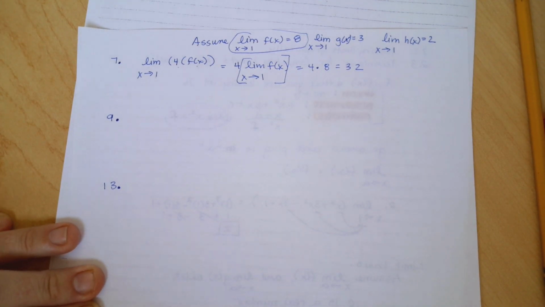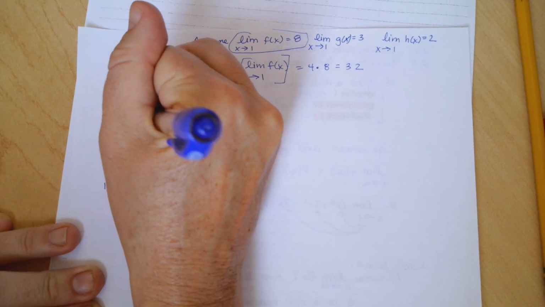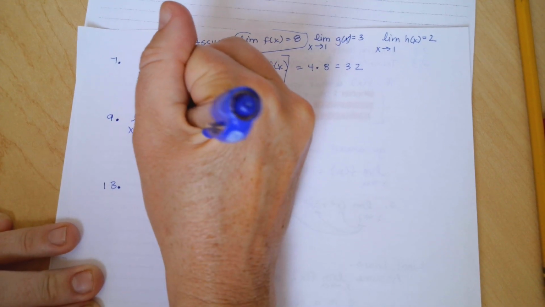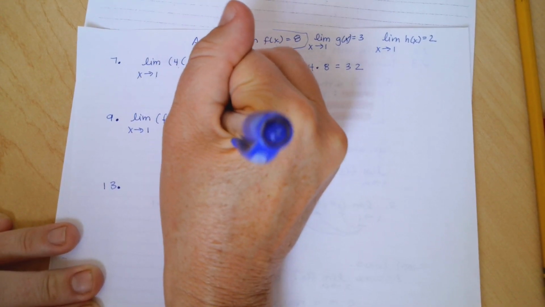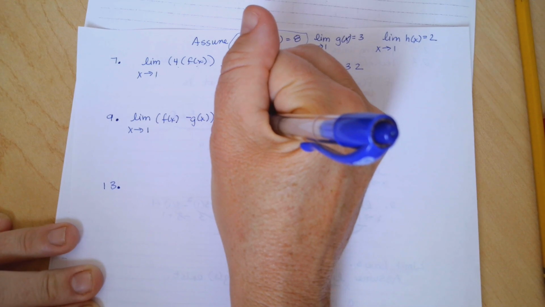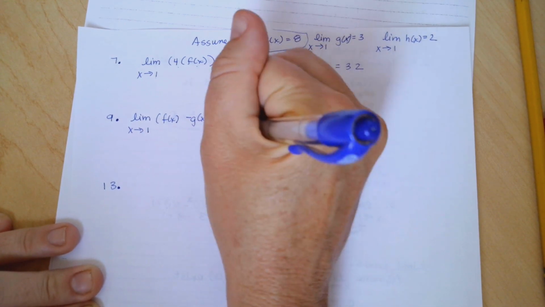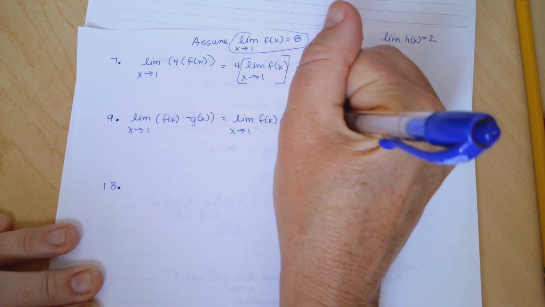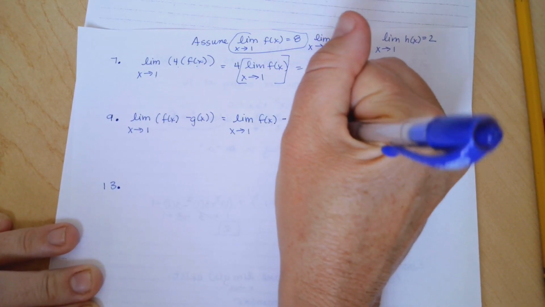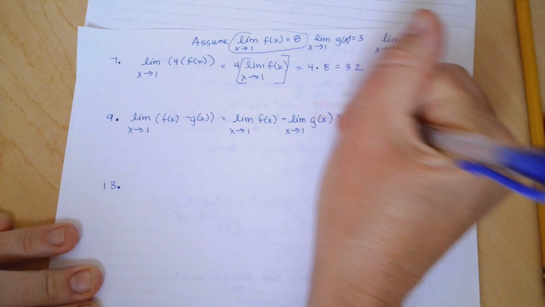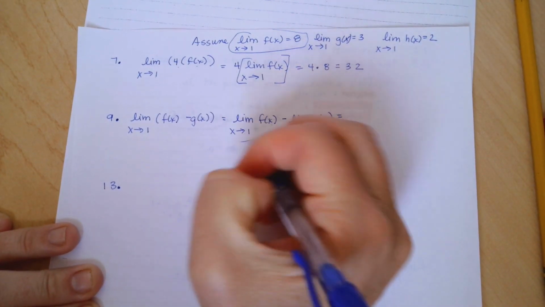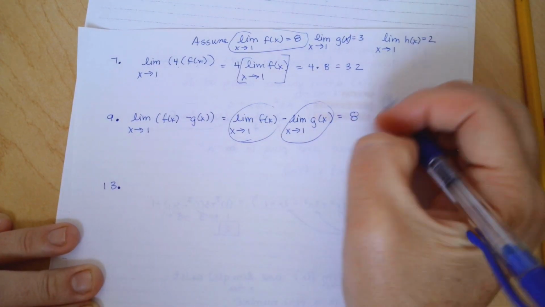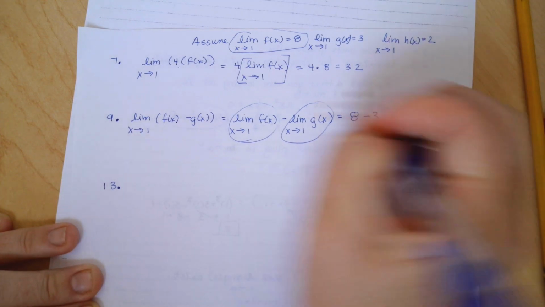Okay, number 9, we have the limit as x goes to 1 of f of x minus g of x, and we should write the limit as x goes to 1 of f of x minus the limit as x goes to 1 of g of x equals, we know this value here is 8, we know this value here is 3, equals 5, 8 minus 3.